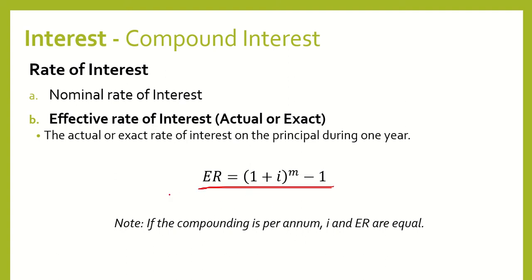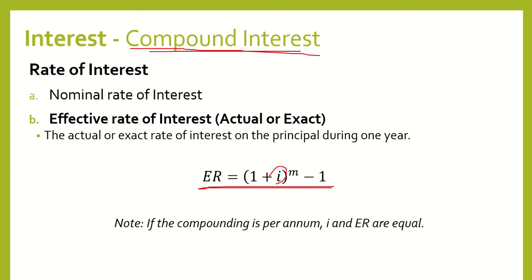If you want to get the rate of interest in 1 year when dealing with compound interest, we will use this equation. The effective rate of interest is equal to the quantity of 1 plus I, raised to power M, minus 1.